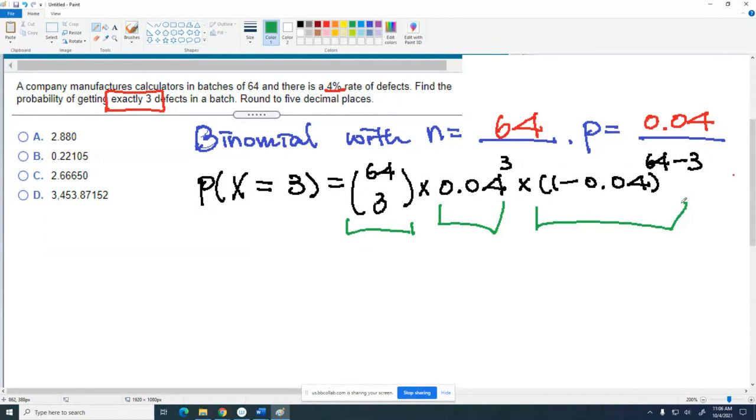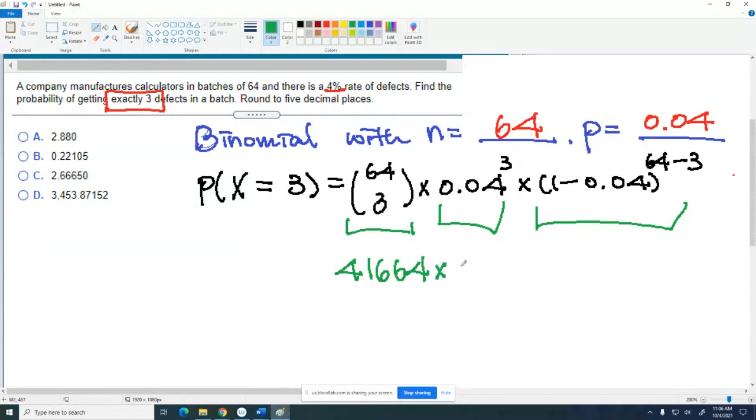So 64, using the C function, 64 and take the C and 3. I have 41,664 combinations.